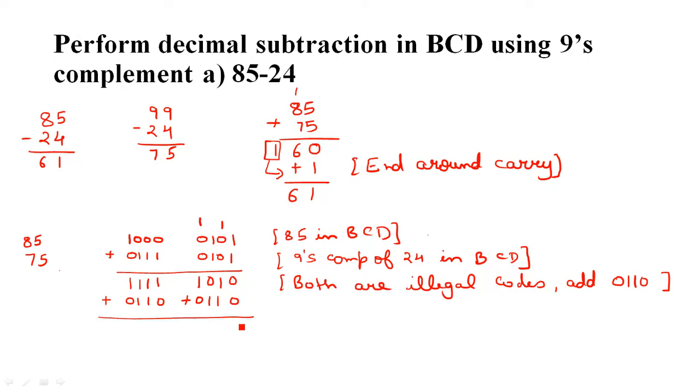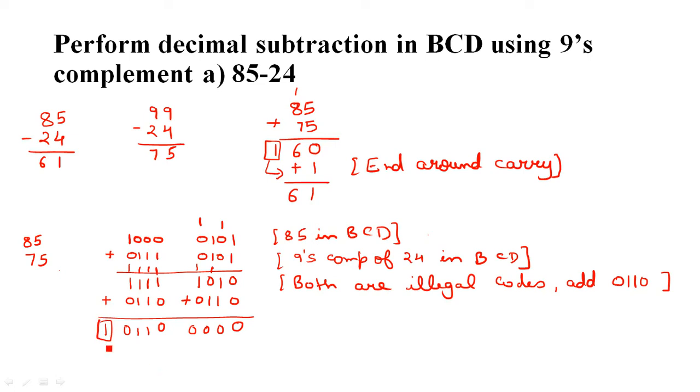So this will become 0, 1 plus 1 will be 0, carry 1, again 0, carry 1, again 0, and propagate this carry to the next group. 1 plus 1 is again 0, carry 1, 1 plus 1 plus 1 is 1, 1, 1 plus 1 is 1, 1 and 1 plus 1 is 0 and we are having carry.